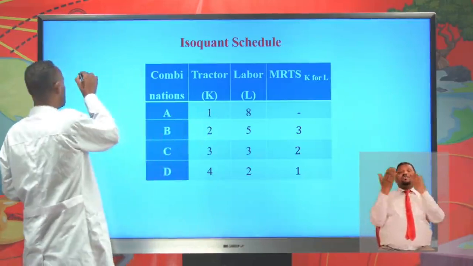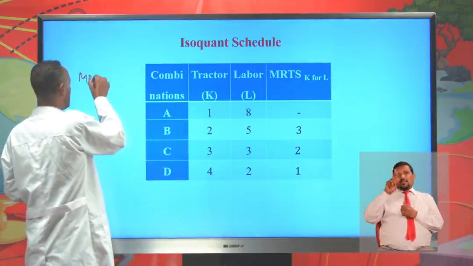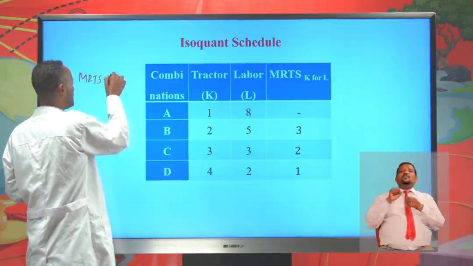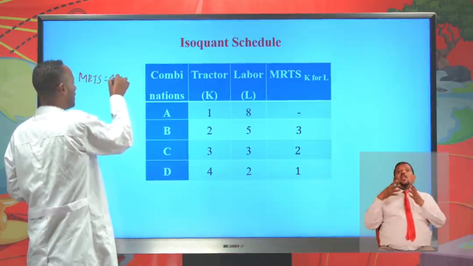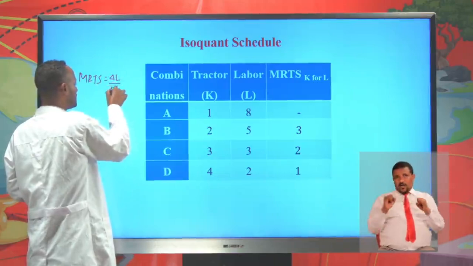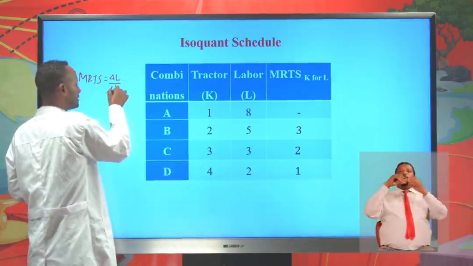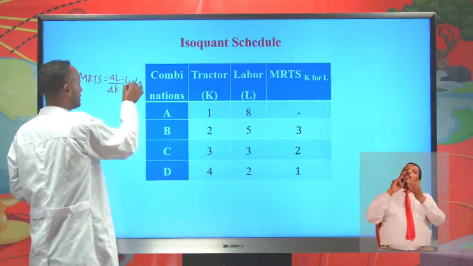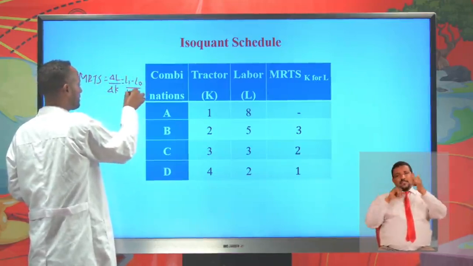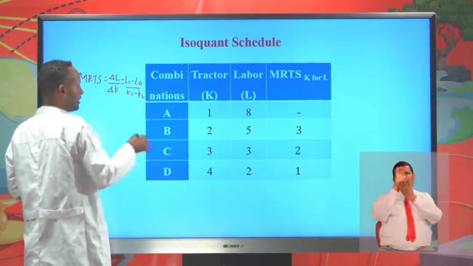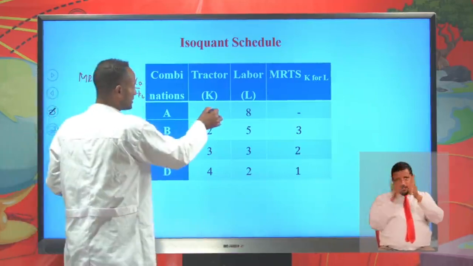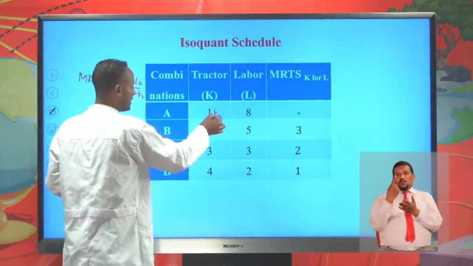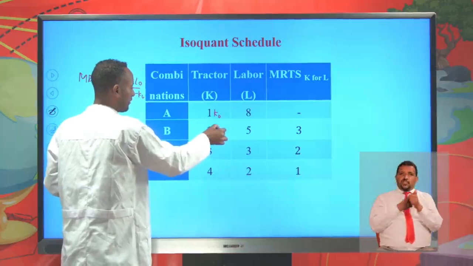The MRTS of capital for labor is calculated by the change in the variable input labor divided by the change in the variable input capital, which is gained, and this is labor final minus labor initial divided by capital final minus capital initial. Now let's take this 1 as capital initial and this 2 as capital final.